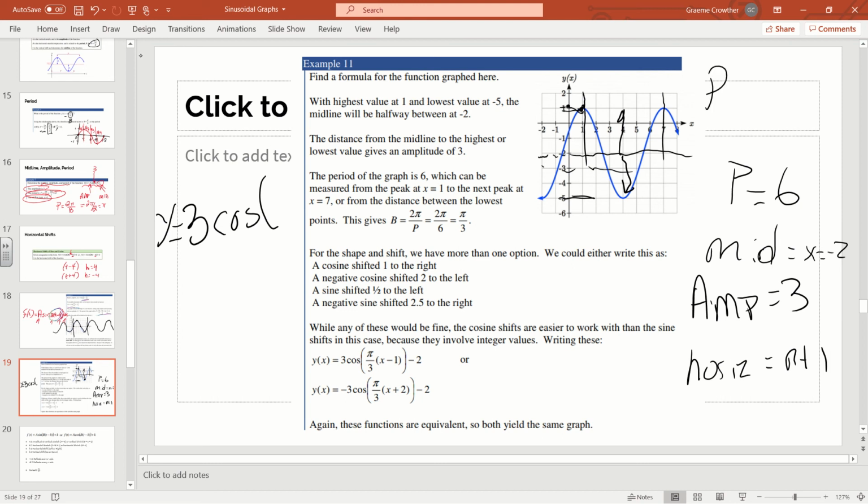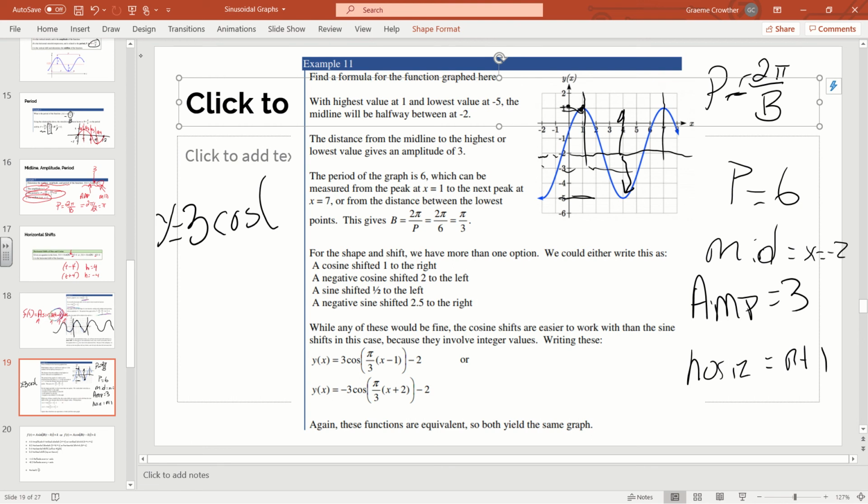So if period is 2 pi over b, I can replace the period with 6. Multiply both sides by b, divide both sides by 6, as they've done here, and then simplify 2 over 6 to 1/3. So my b value is pi over 3.